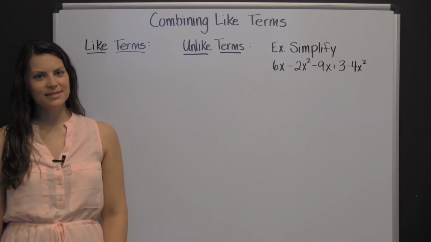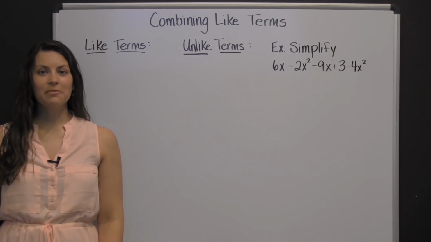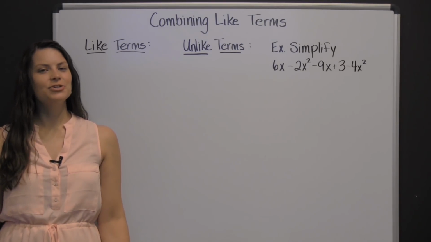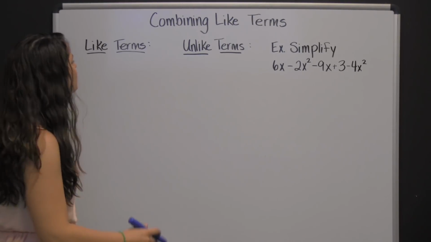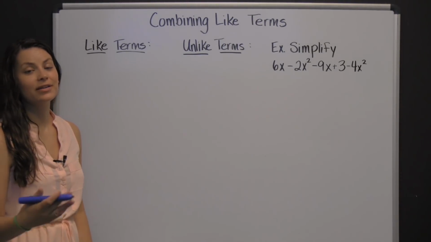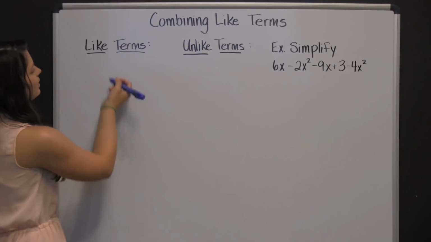Combining like terms. Before we can start combining like terms, we need to understand what they are and what they aren't. Let's look at some different examples of what like terms are.